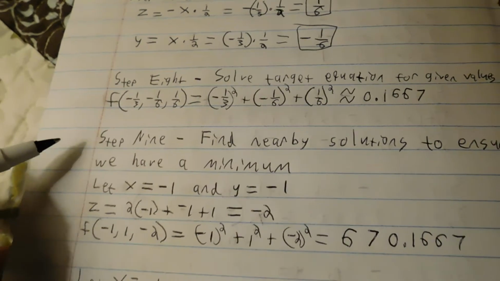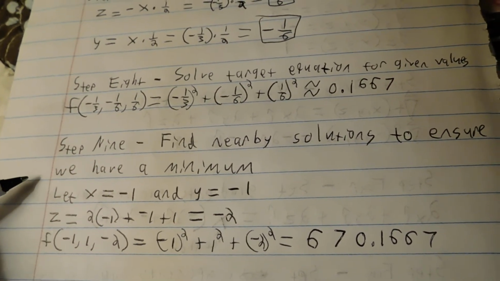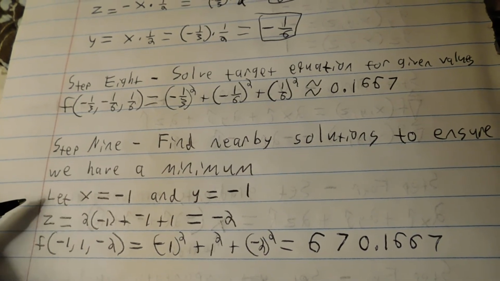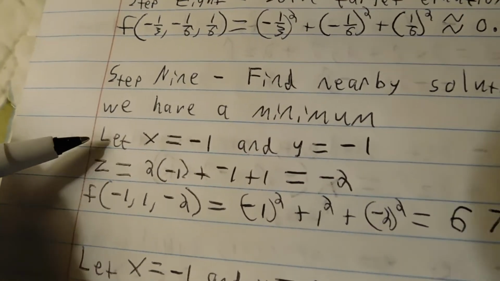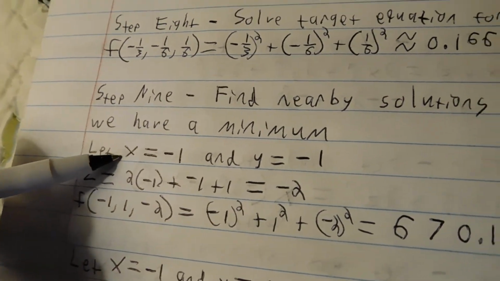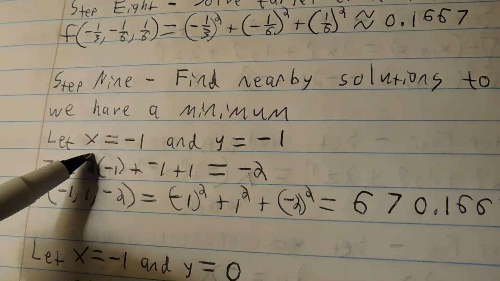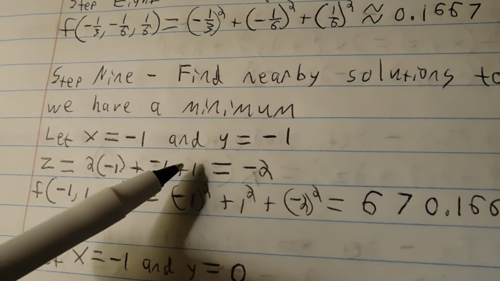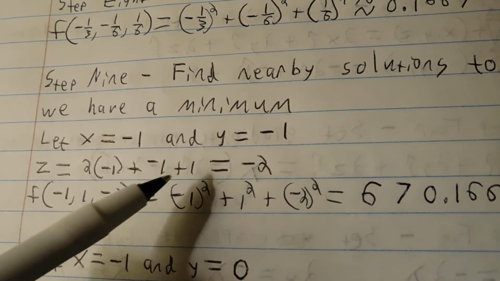In step 9, you're going to find solutions that are nearby, as I said, to ensure that you have a minimum. I try to use solutions where x is less than the number and where x is larger than the number. So I have here x equals -1 and I let y equals -1.